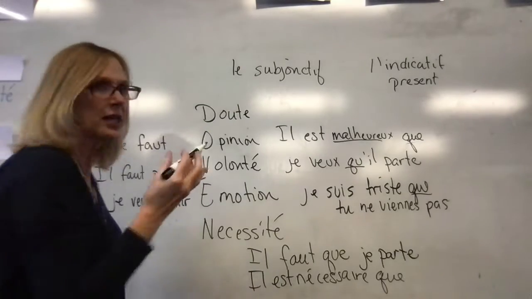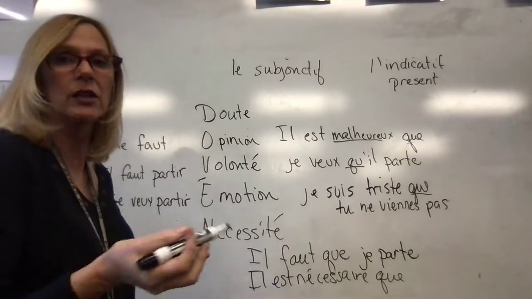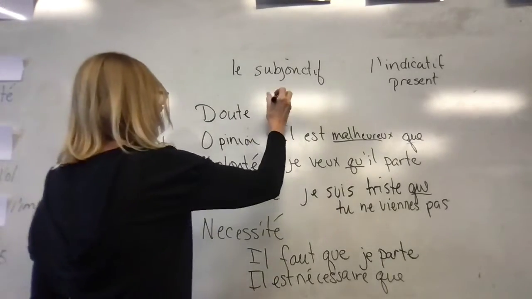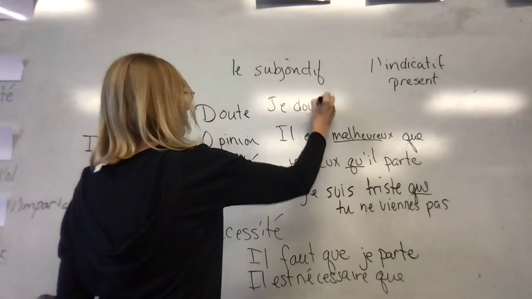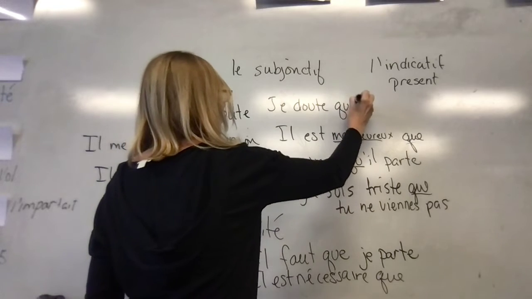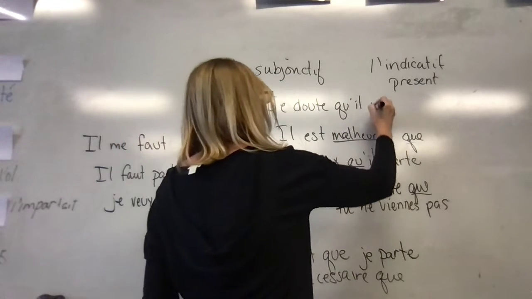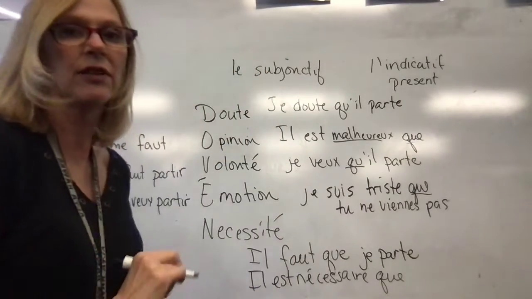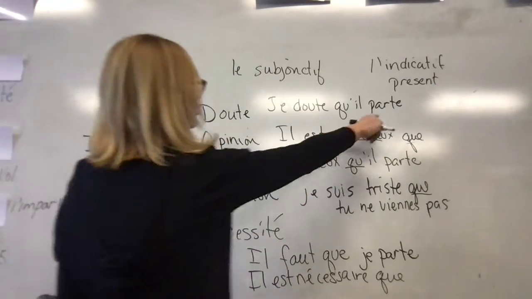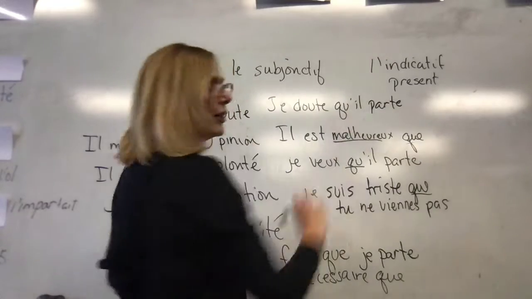Okay? So anytime you use doubt, then you are going to put that. If you say je doute qu'il parte. Okay? I doubt that he's leaving. In French, this is subjunctive because I put doubt on it.